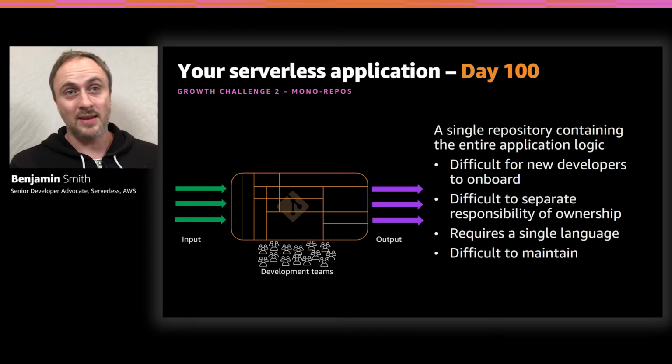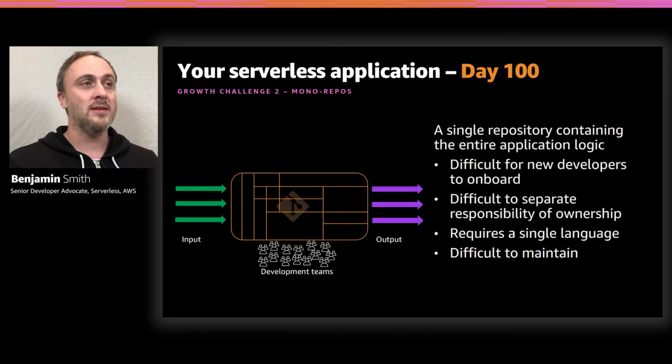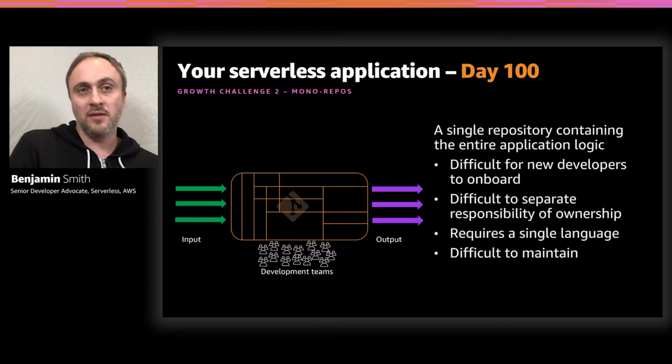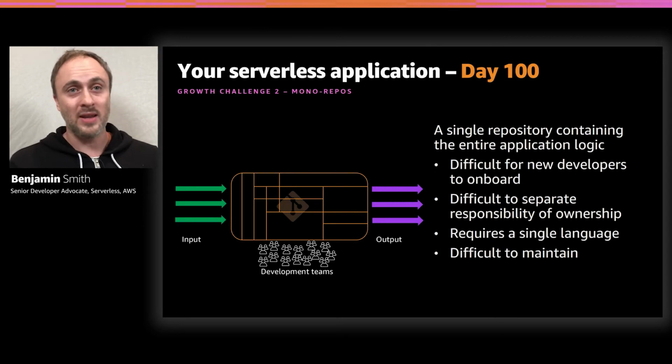What this means then is that new developers have to take time to understand the complexity of this Lambda function, which is handling multiple events. And because all of this code is held within a single function, it's forcing each development team to use the same runtime language. And of course, one runtime might be less suitable to a particular task than another. The bottom line is that this monorepo approach is becoming difficult to maintain.